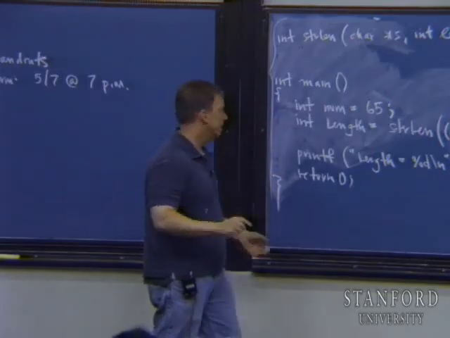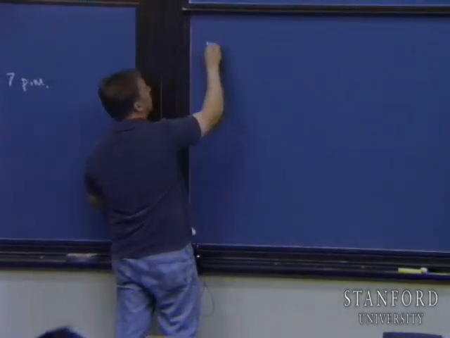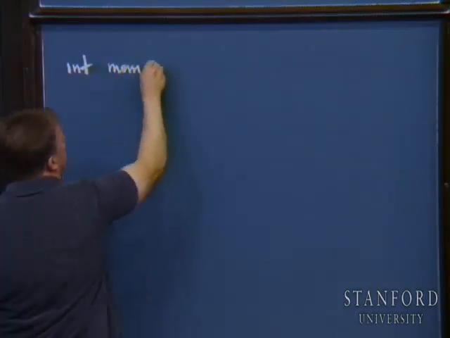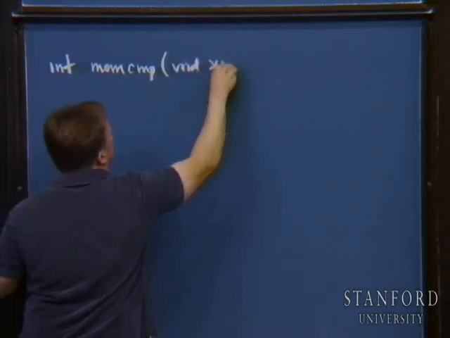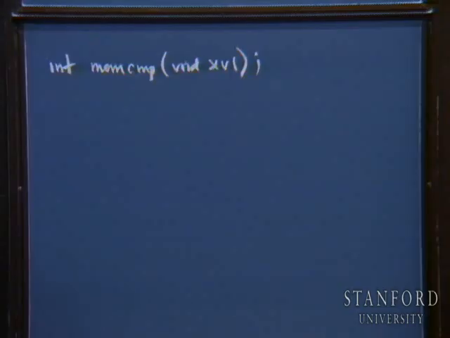Let me give you the opposite scenario here, though. Suppose I do this. int memCompare(void *v1). And I just mess up. For whatever reason, I think that somehow memCompare only needs one void star.